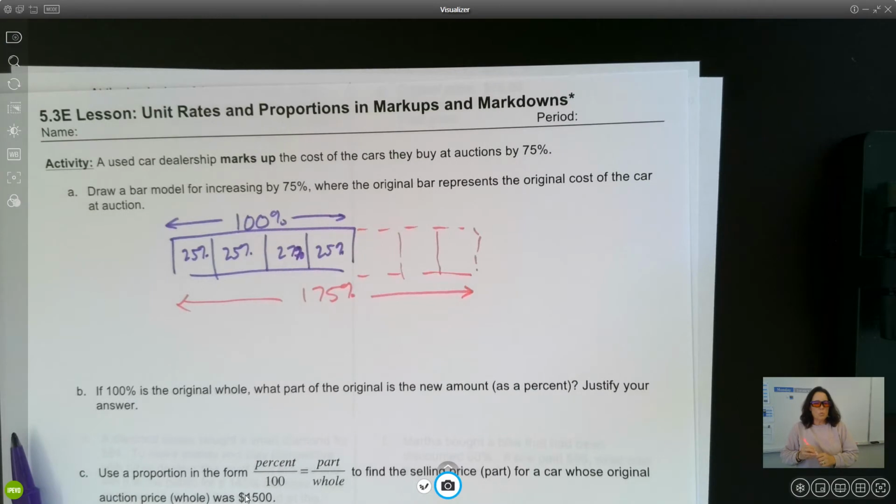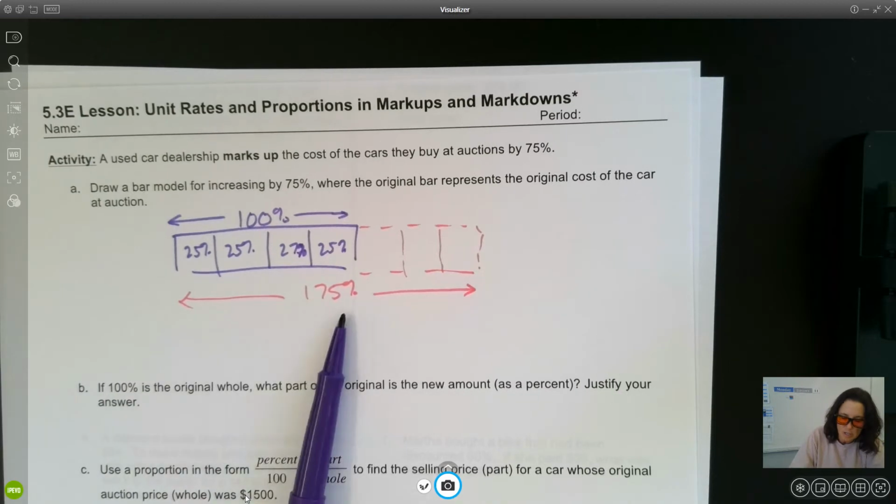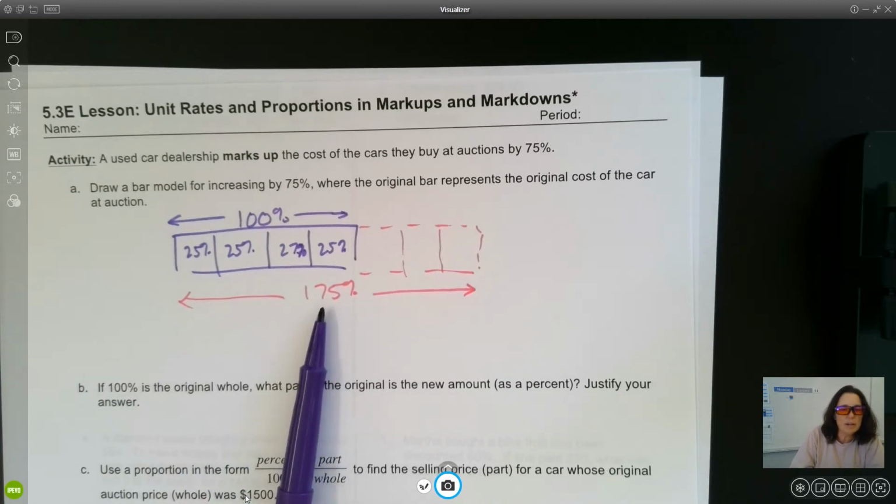Okay, so that's what a bar model would look like for that situation. Okay, part B, if 100% is the original whole, what part of the original is the new amount as a percent? Justify your answer. I actually already put the answer in there.